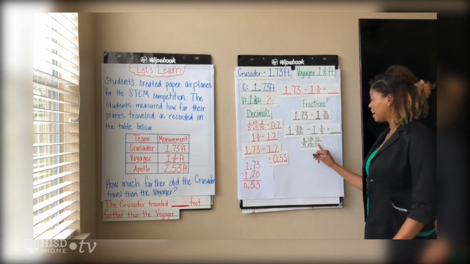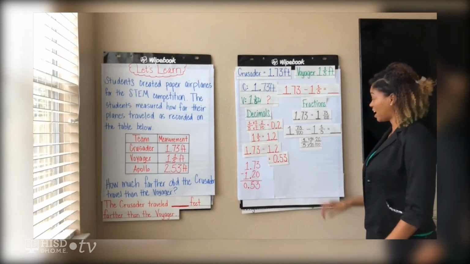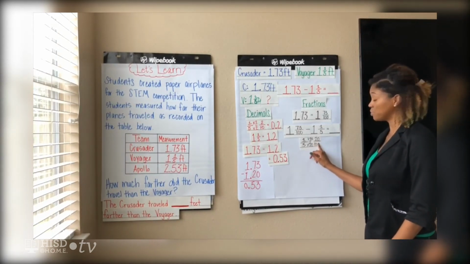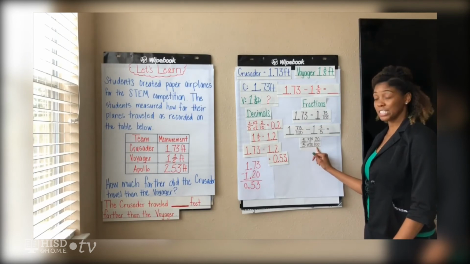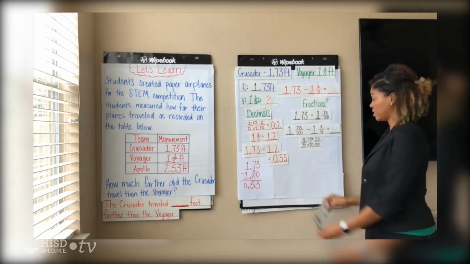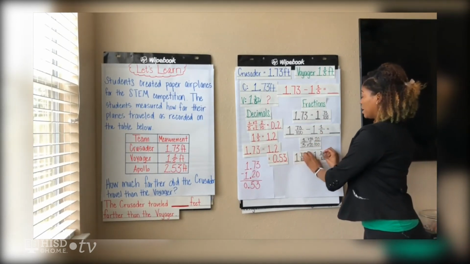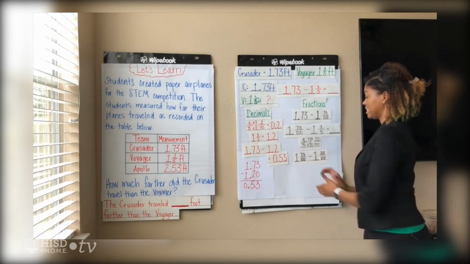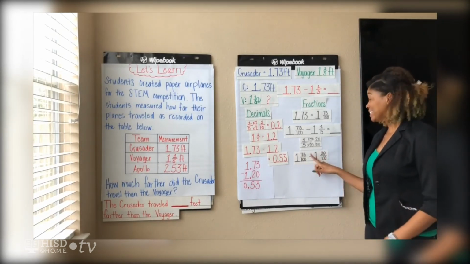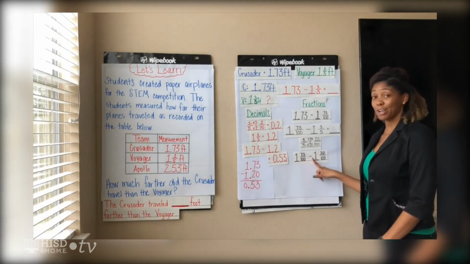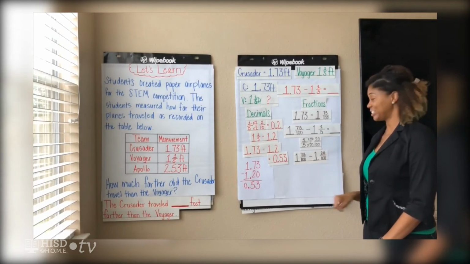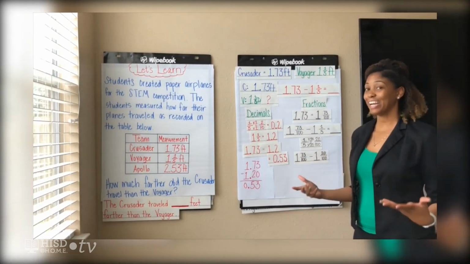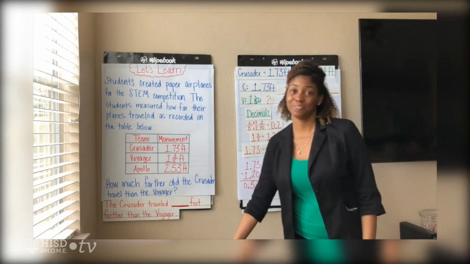So now that I have that written down, I can substitute 20 hundredths in the place of 1/5. Now our sentence looks like this: 1 73/100 subtract 1 20/100. Now it's a simple subtraction problem.